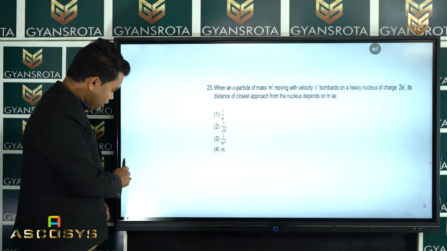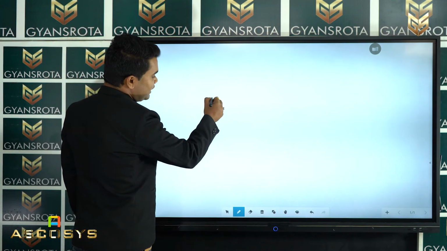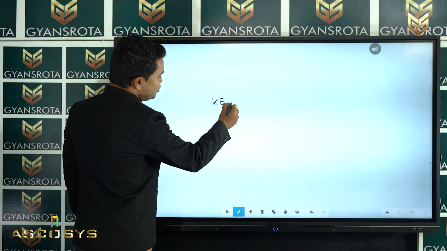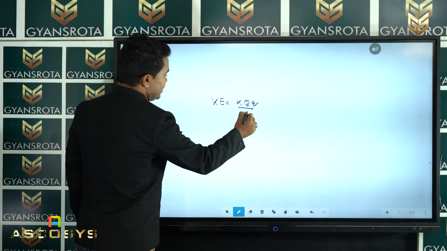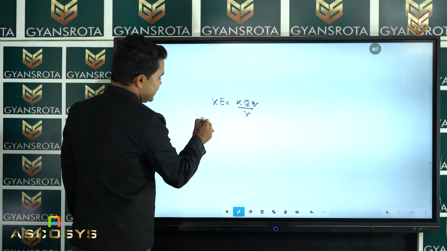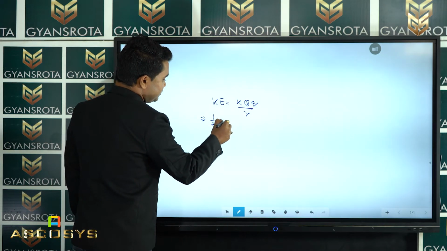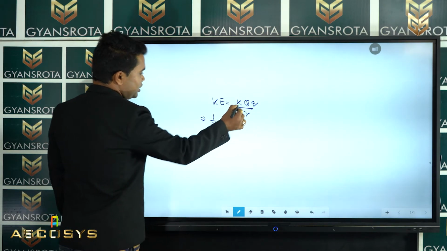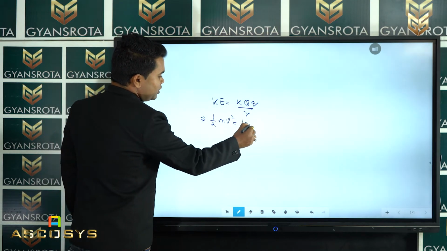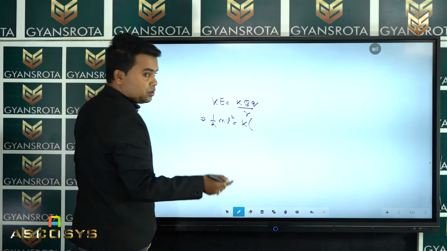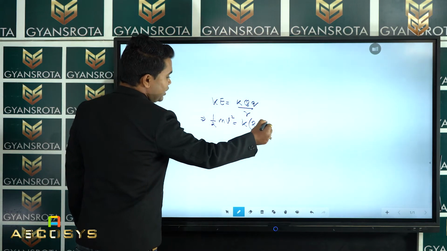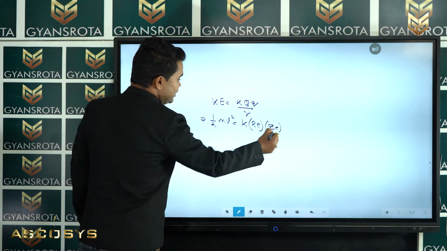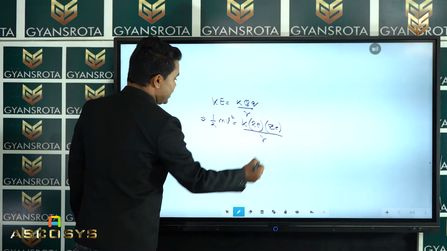So, let me go to the screen. We know that kinetic energy is equal to k q into q divided by r. Kinetic energy is half mv square. If you put the value of q, for the alpha particle it will be 2e, and for the nucleus it will be Ze, divided by r.